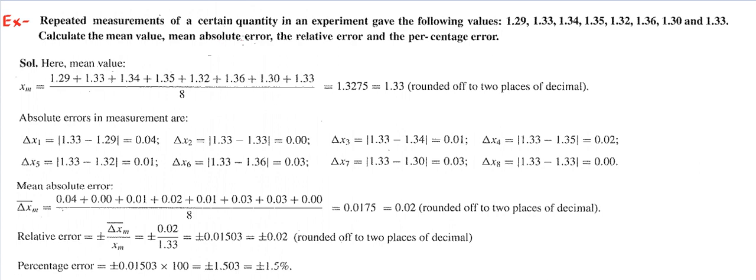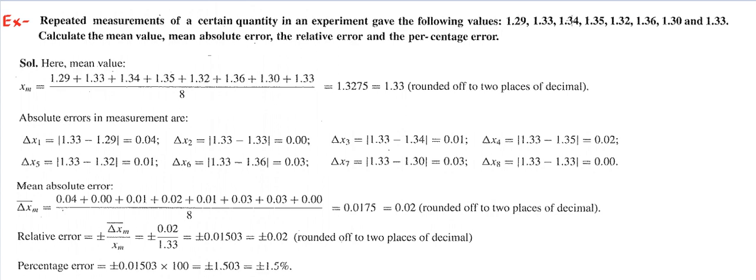We will talk about relative error and percent error shortly, but we can use the concepts for mean value and mean absolute error. It says repeated experiments of a certain physical quantity in an experiment give the following values.